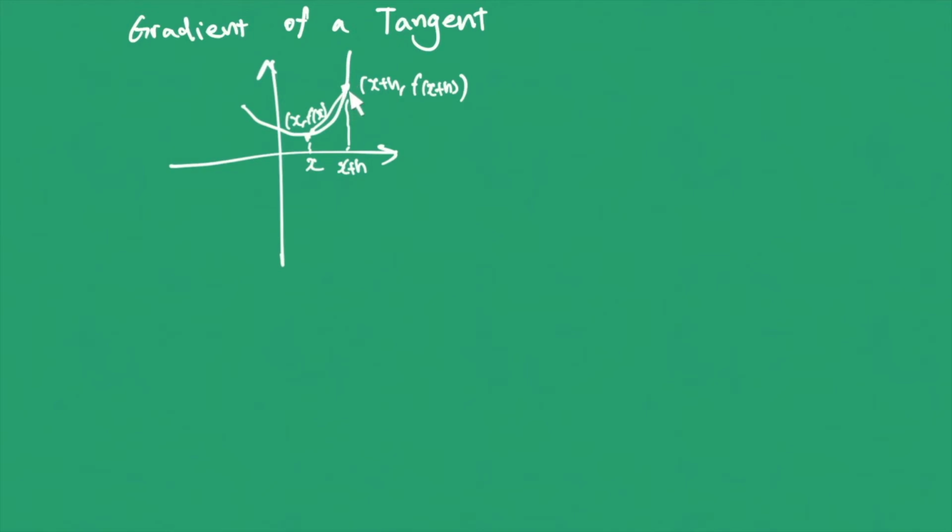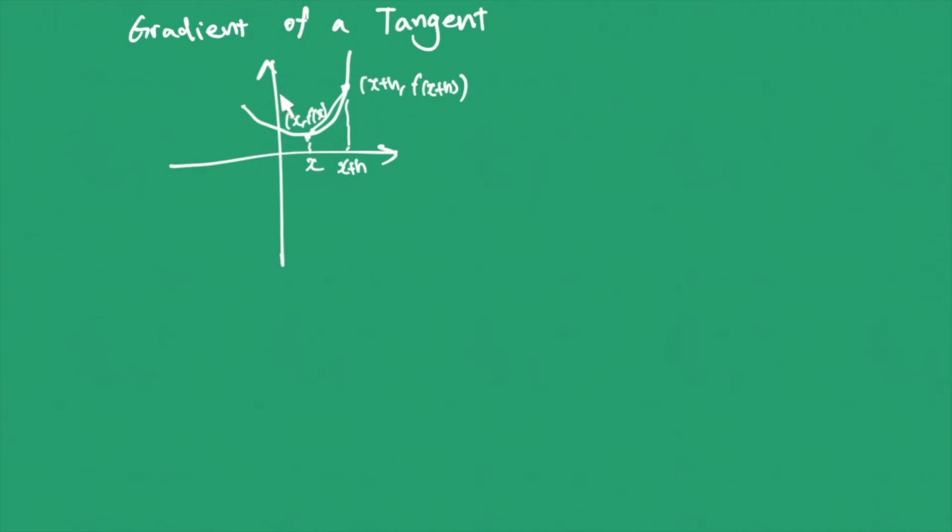And also this one, the x value would be x plus h, and the y value would be f(x plus h). Okay, let's head back to the question. What if one of the points of a secant gets closer to the other? In this case, if this point gets closer to that point, the secant will eventually become a tangent, since it's a line on one point of a curve.